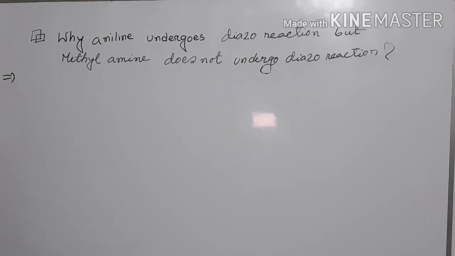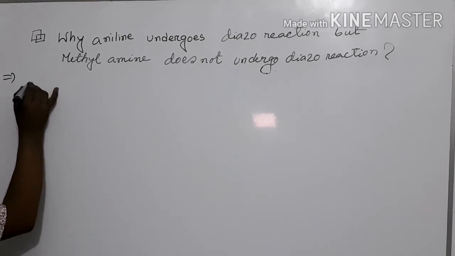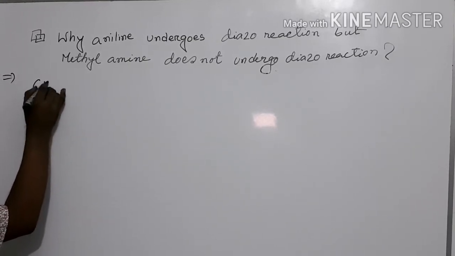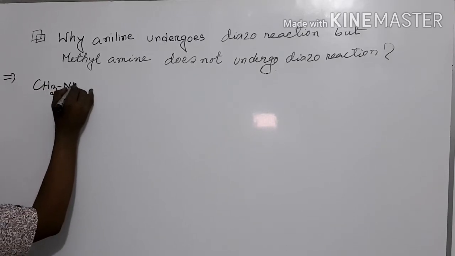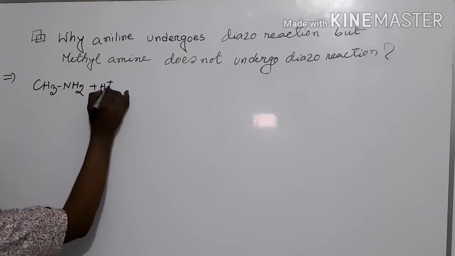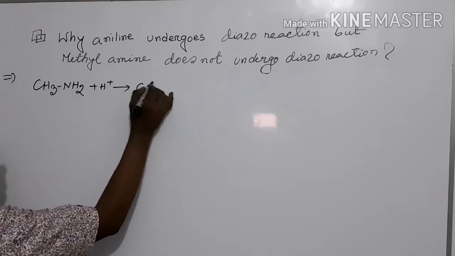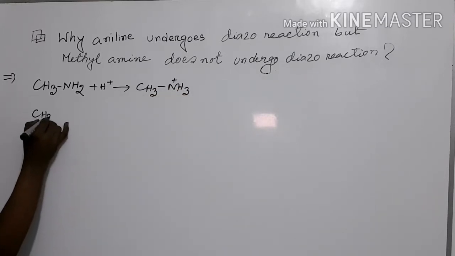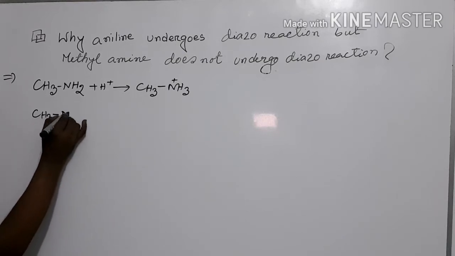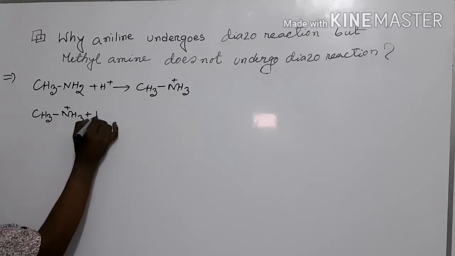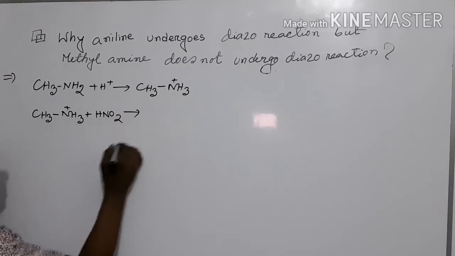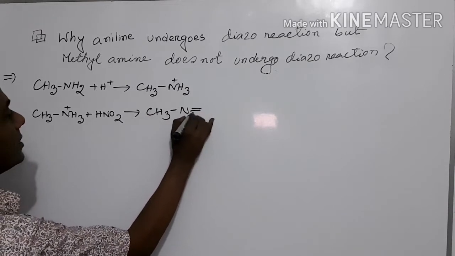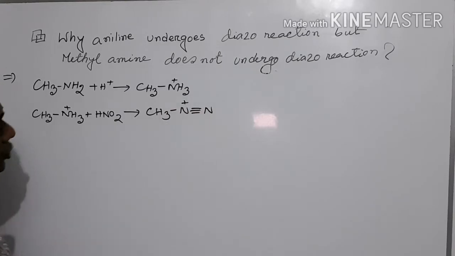Here we see for methylamine, when methylamine reacts with nitrous acid, it produces methyl diazonium ion.